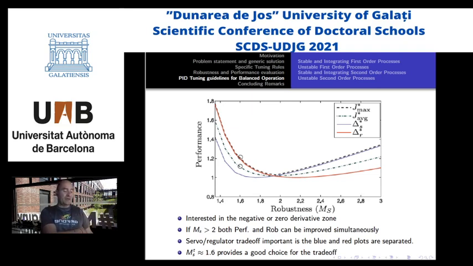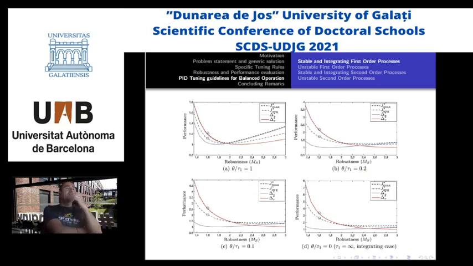So when we say plant family, what we refer to is the case of stable and integrating first order processes. As you know, first order plus time delay processes are characterized by the normalized dead time, theta over tau, represented here. This dimensionless constant provides a way of parameterizing your process, and here you have it for values of 1, 0.2, 0.1, or 0.